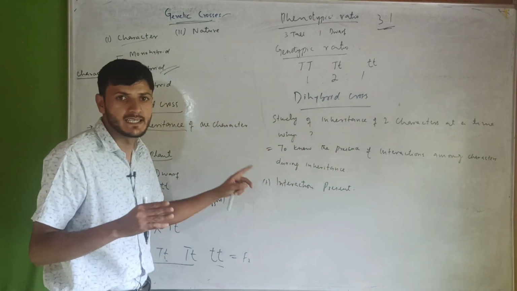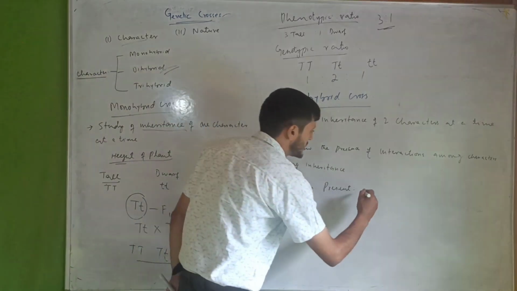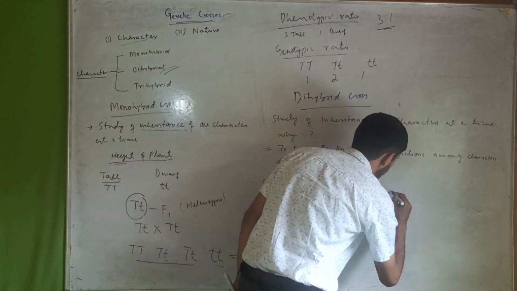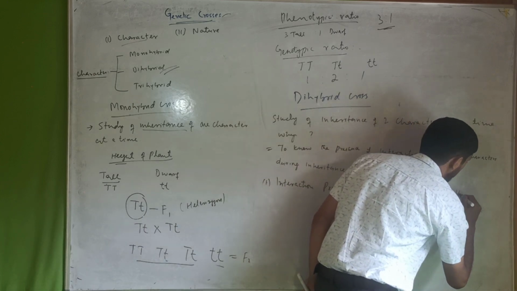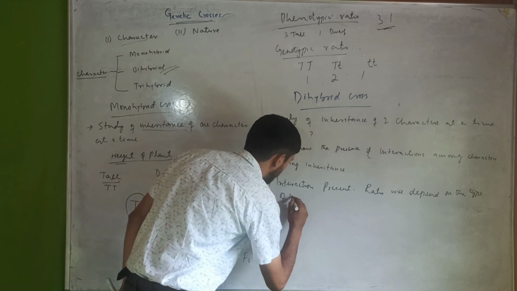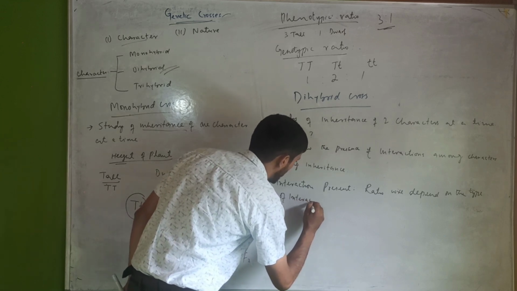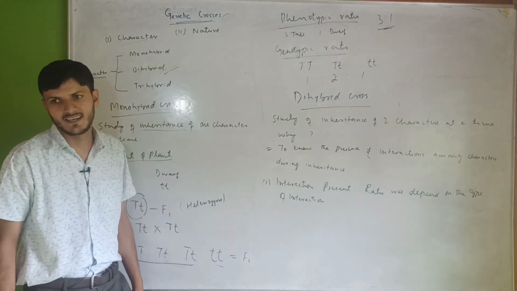If interaction is present between two genes, then the ratio will depend on the kind of interaction between these two characters.